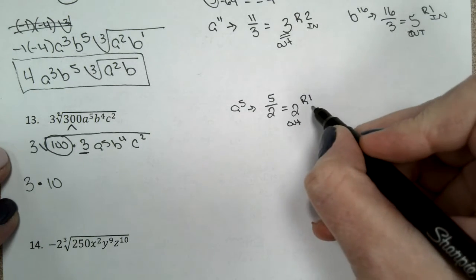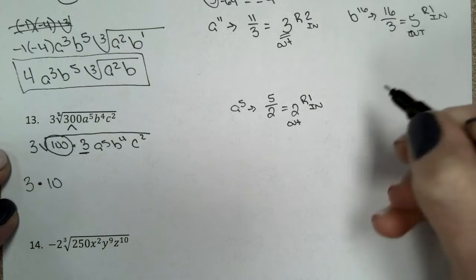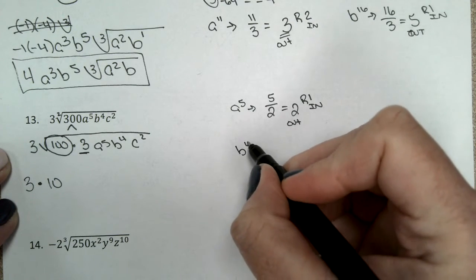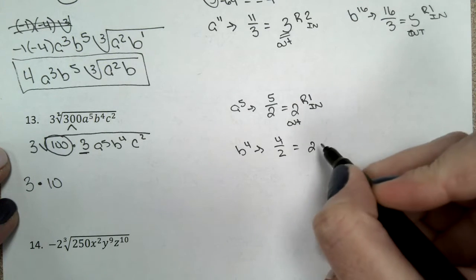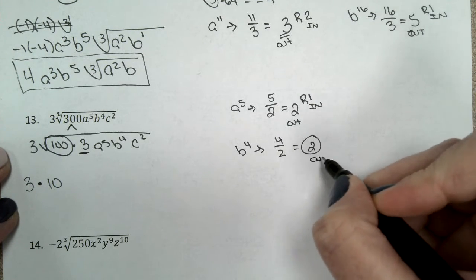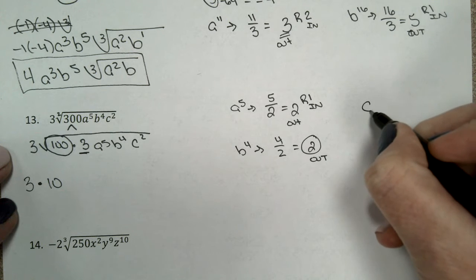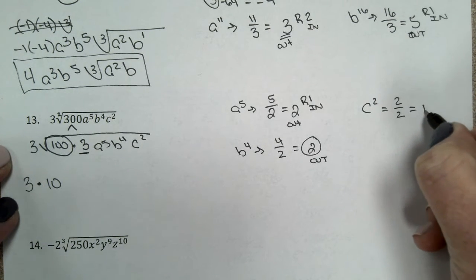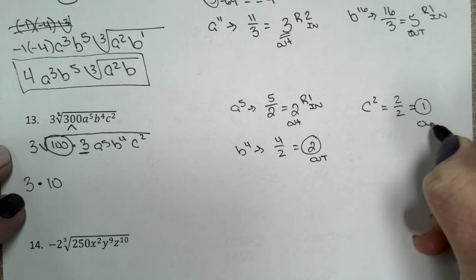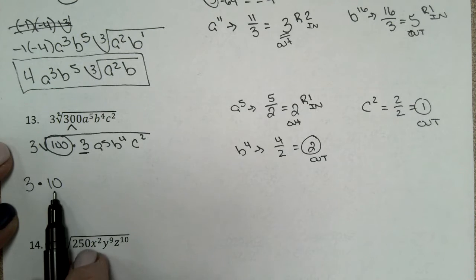So 2 A's are going to stay out, and 1's going to come in. b to the 4th. So 4 divided by 2 equals 2. So they're all coming out. I didn't have a remainder. And then c squared, 2 divided by 2 equals 1. So one of them gets to come out.